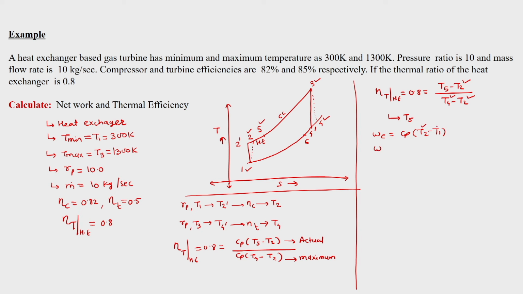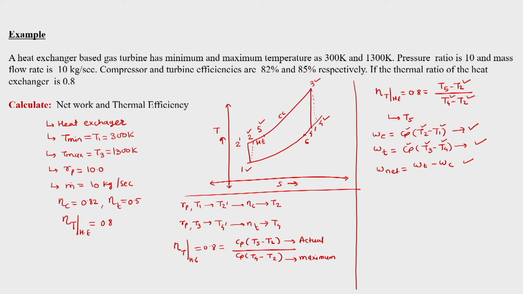Then we know T2, T1 and Cp, so we found out Wc, the compressor work. Then we can find out turbine work, which is Cp into T3 minus T4. Here as well T3, T4 and Cp are known, so we found out turbine work. We know that W net is equal to turbine work minus compressor work. So we eventually found out net work.